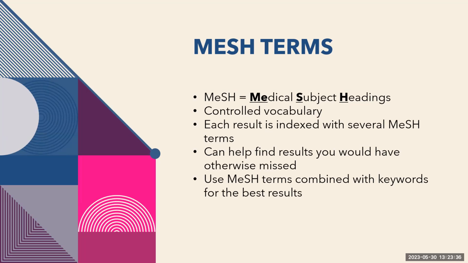In library jargon, instead of being tagged, it's called indexing. So as articles are published and brought into PubMed, an indexer is going to apply MeSH terms to that article. So this is a really handy tool because this can help you find results you might have otherwise missed.